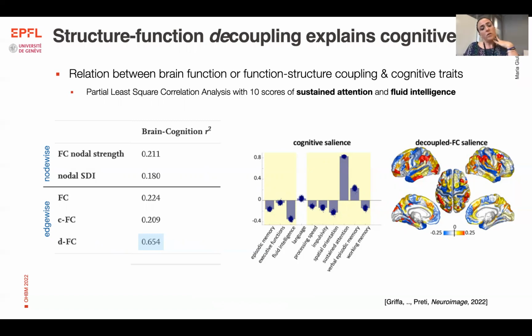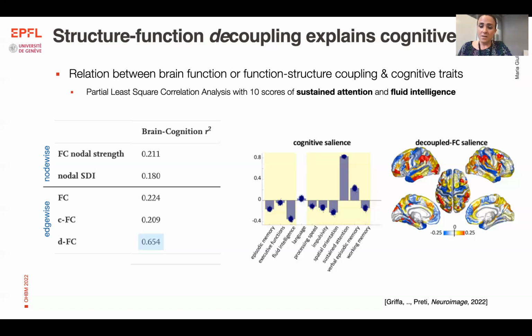And indeed, we found the highest brain cognition correlation for decoupled FC, as you can see here. And by looking at cognitive and brain saliencies, we can also interpret basically which regions of the brain contribute more to this correlation and which of the scores also are more involved.